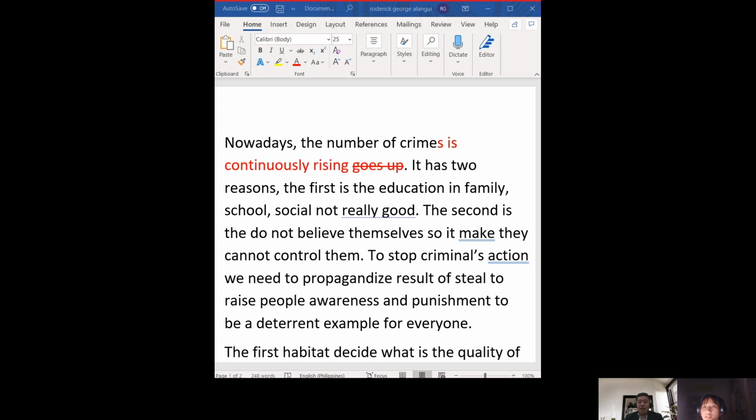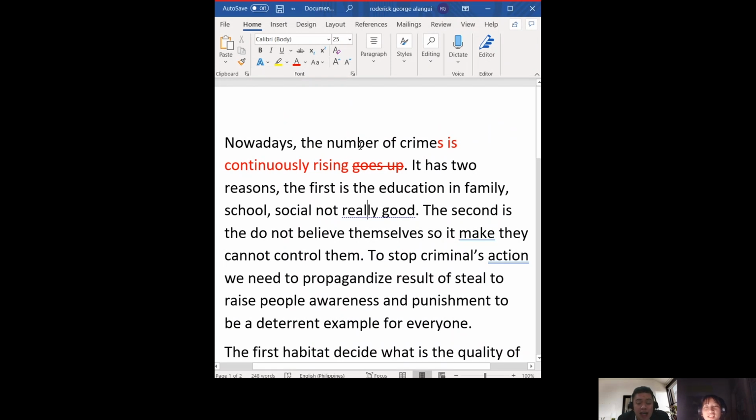What are the causes and what could be done to prevent the rise in criminal activity?